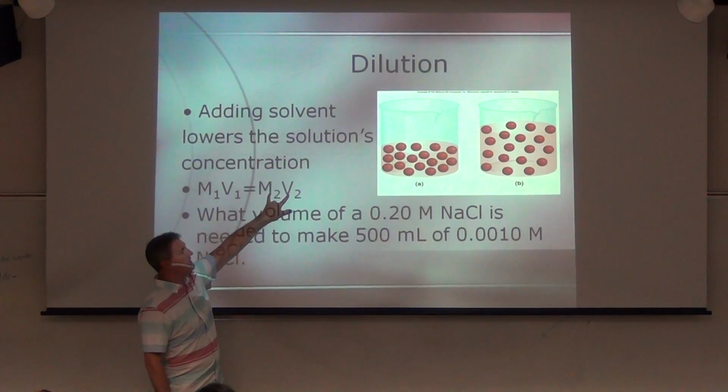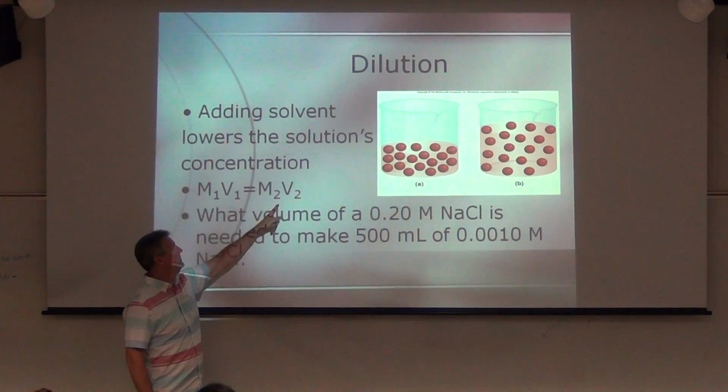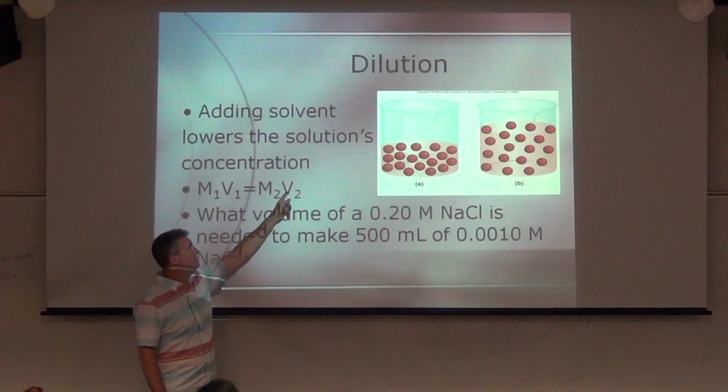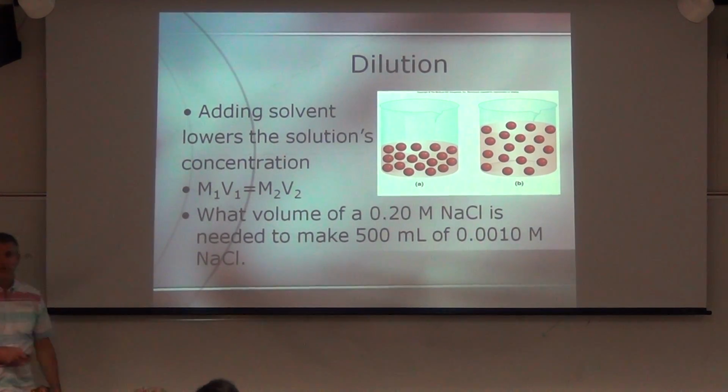So we're going to have M2V2 over M1. Our molarities will cancel and we'll be left with a new volume, which, if you work through that one already, it's going to be 500 times 0.001 divided by 0.2, which should give you 2.5 milliliters.